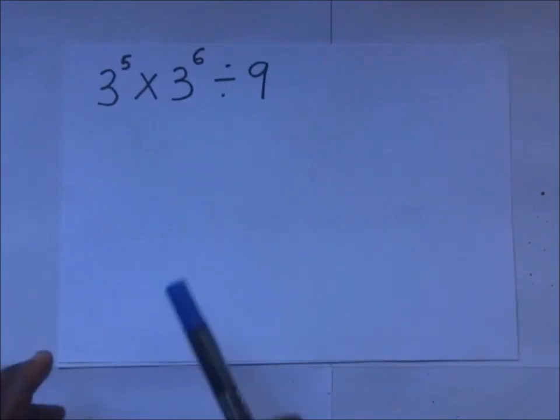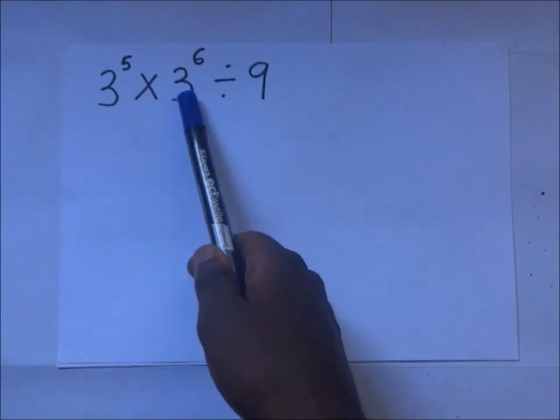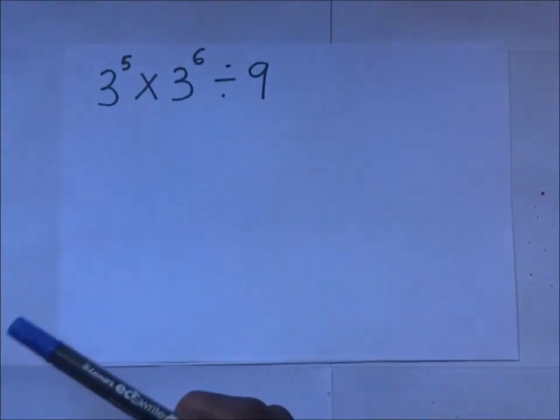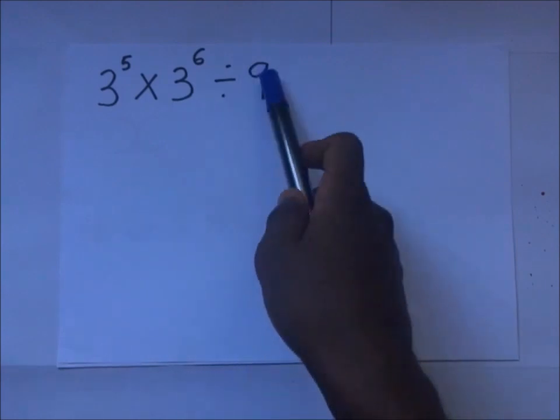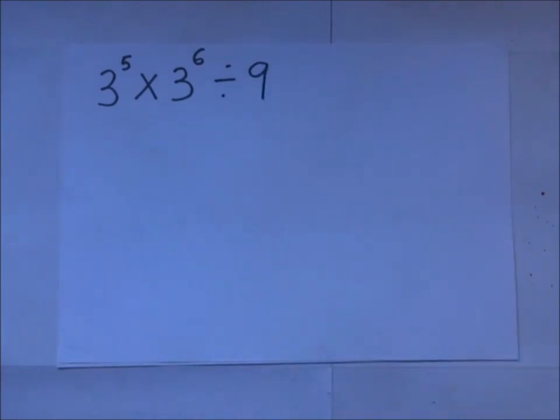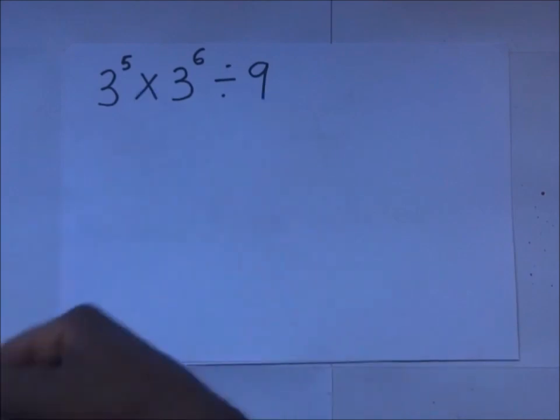We have another here, it is 3 to the power 5 times 3 to the power 6 divided by 9. Now, when you're dealing with index numbers and we identify that it is being mixed up with a number that is not an index number, for example here 9 is not represented in the form of an index number, you first try and convert it into an index number so that it looks like the rest of the numbers.